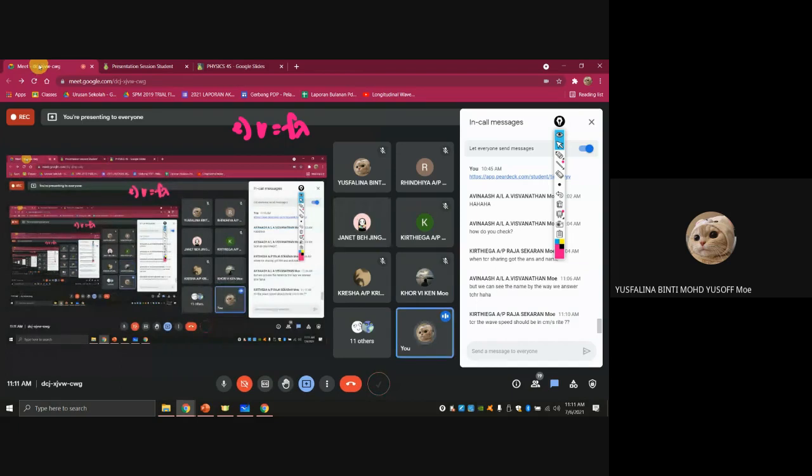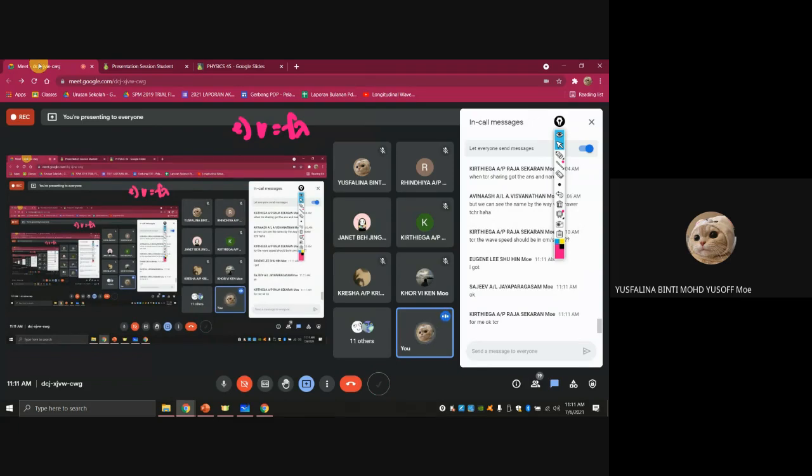Teacher, the wave speed should be in cm. Yes, cm over second.